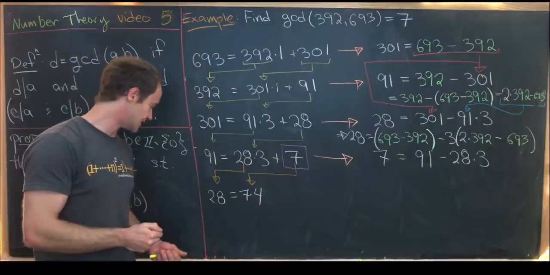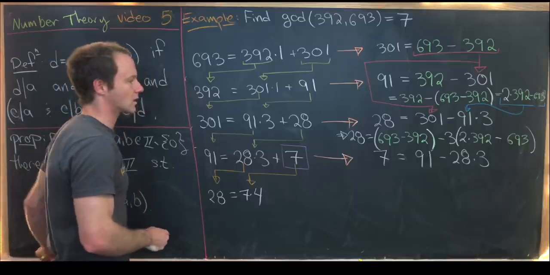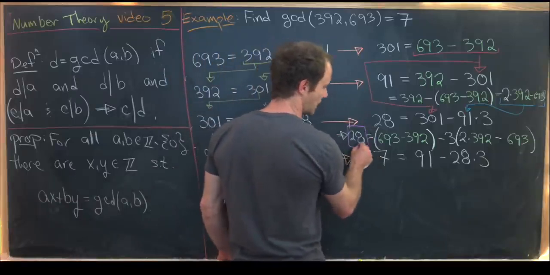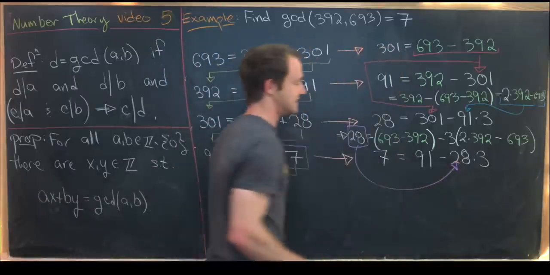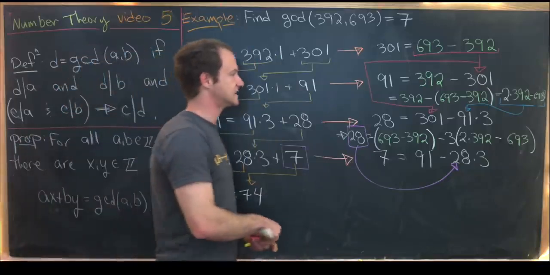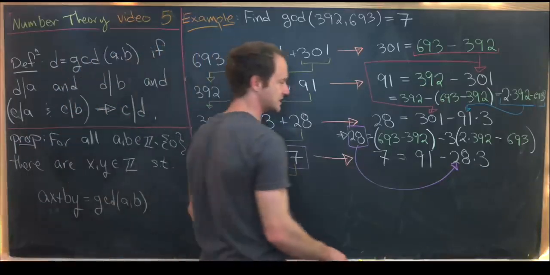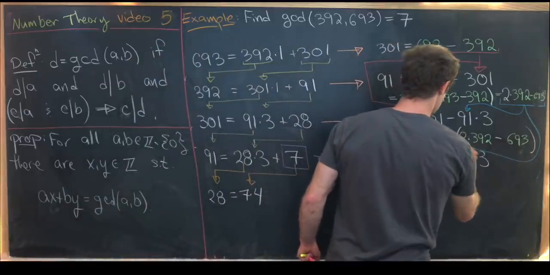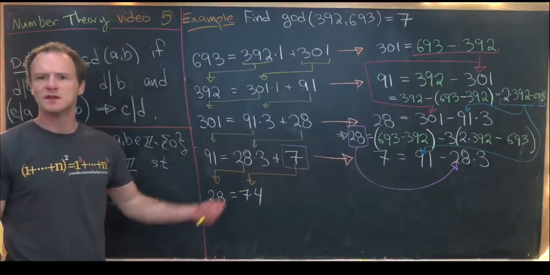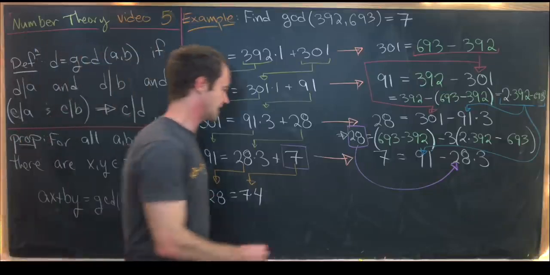Now I think you can see where we're going. We're going to continue this process for one more step. So I'll take this value here for 28, plug it into this equation, and then I'll likewise take our previous expression for 91 and plug it into this equation as well. So let's fast forward to what that gives us.